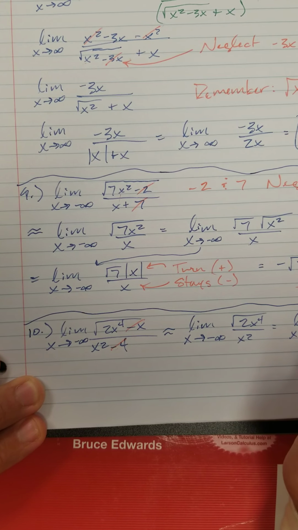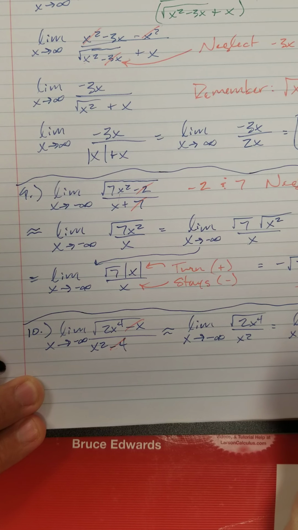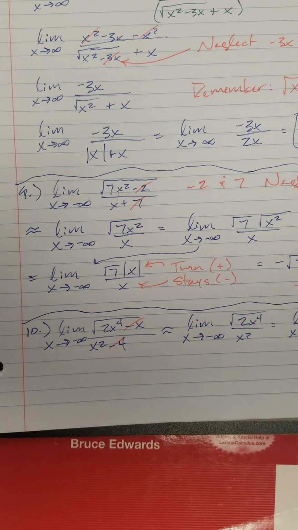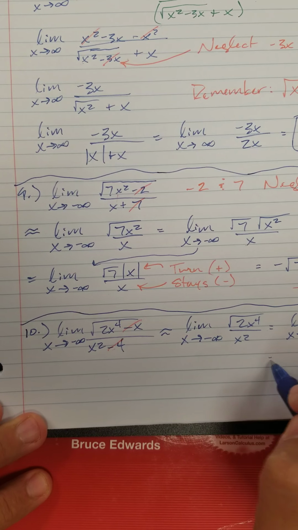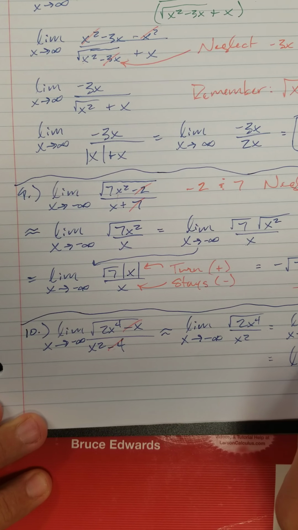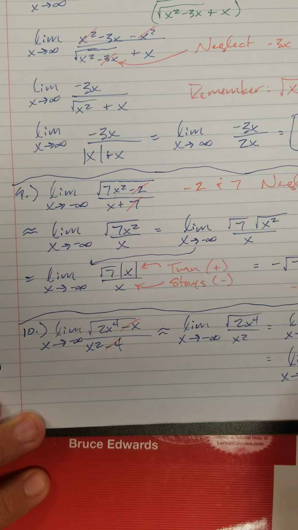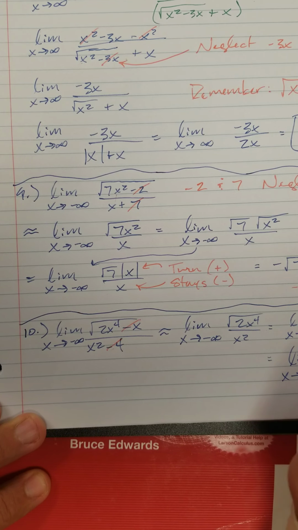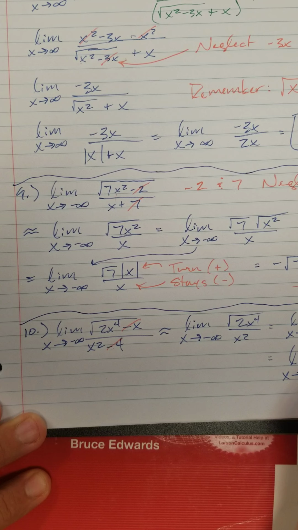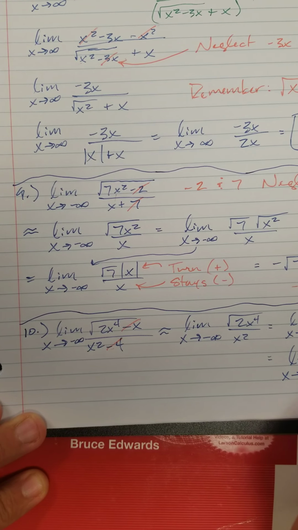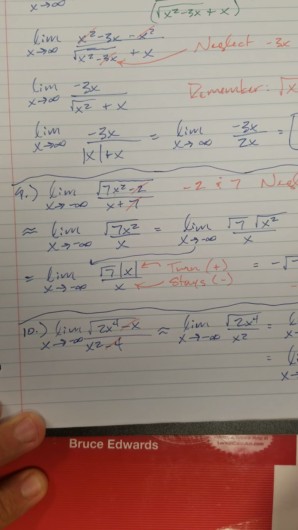Split that up. Square root of x to the fourth is x squared. And we end up with square root of 2.